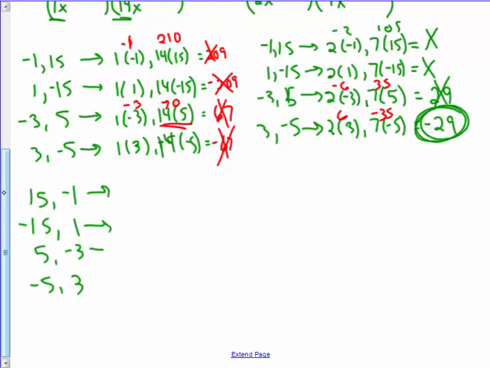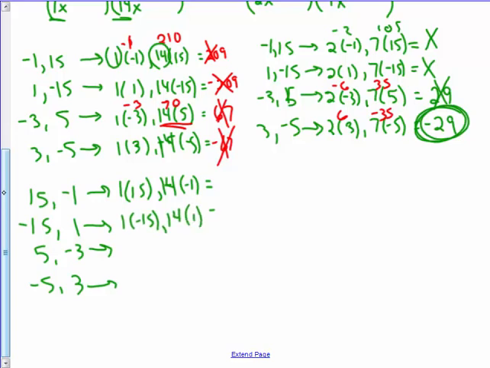Notice when I do those, I would still have to multiply by 1, multiply by 14 for each of them. I'll just show you a couple of them. 1 and 15, 14 and negative 1, well, that's going to give me 15 and negative 14. That's a positive 1. So I'm going to write out all of these possibilities here.